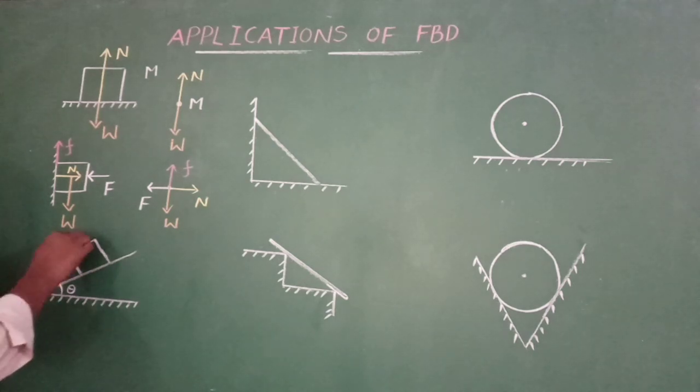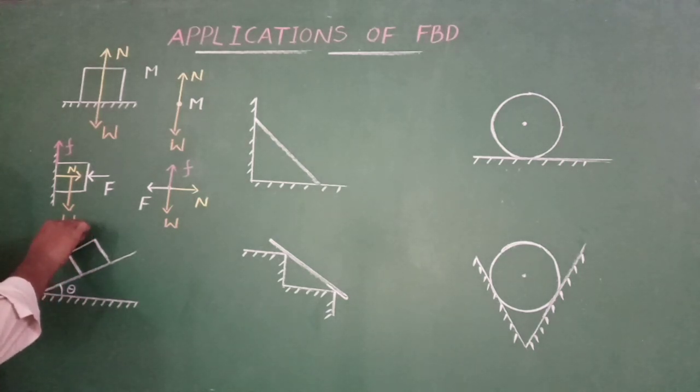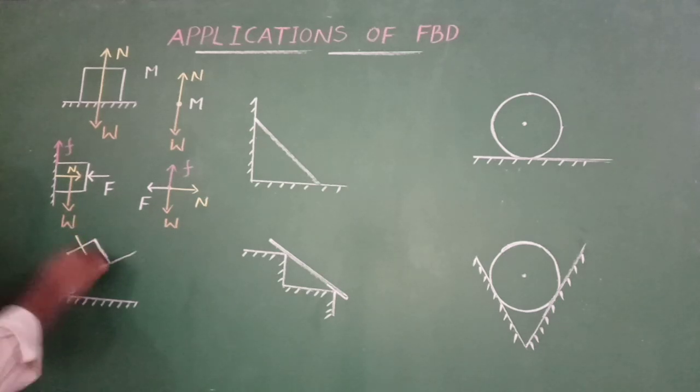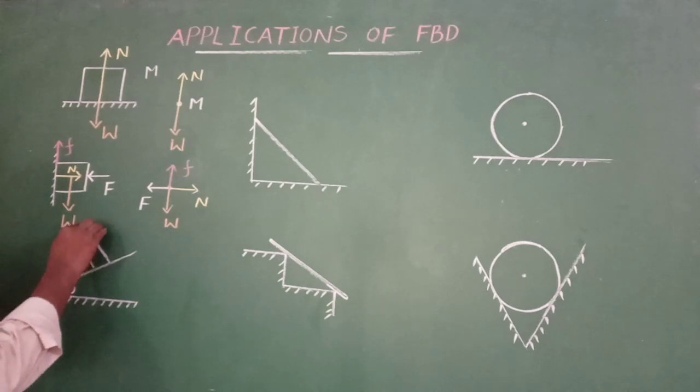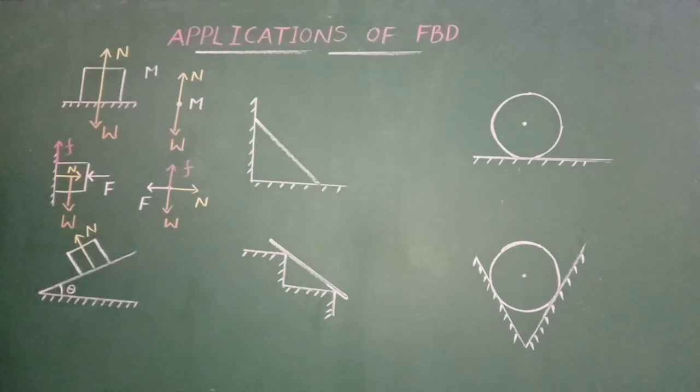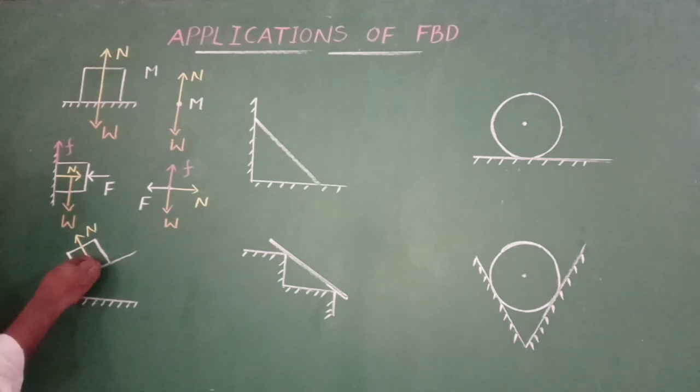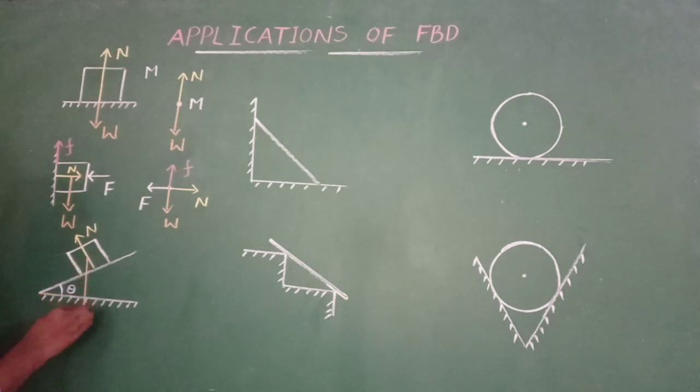The normal reaction acts perpendicular to the surface in contact, so this is its direction on this block. And the weight of the object acts vertically downward from the center of the object, W. These two forces are acting.